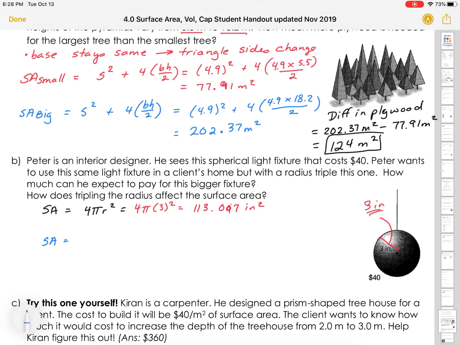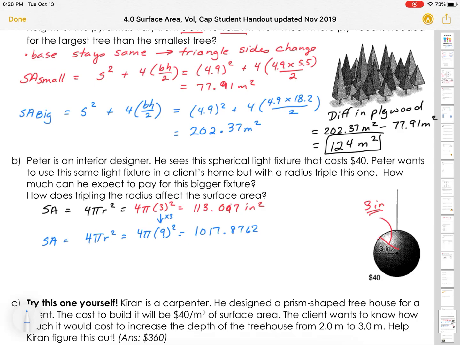So if we triple it, then it would be 9 inches. So 4 pi r squared is equal to 4 pi 9. We put in a 9 because this is triple. So that's times 3. And when we do that, we get 1017.8762. Okay? Now we want to know how does this affect the surface area?